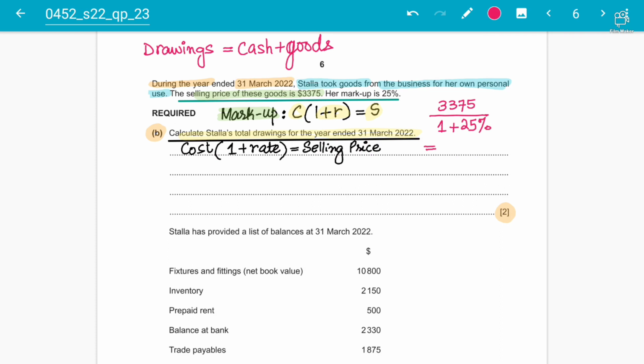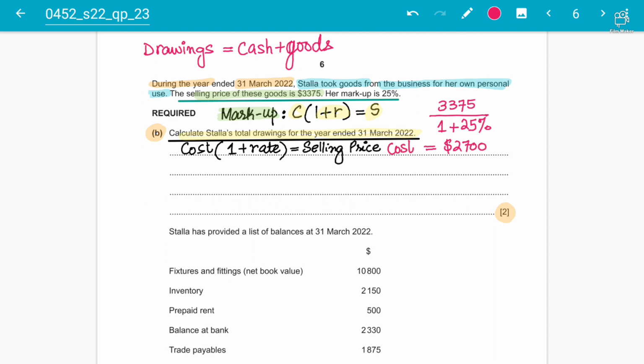If you learn maths, the bracket 1 plus R goes in the denominator. So you do 3375 divided by 1 plus 25%, and make sure you have the calculator. Your answer should be $2,700, which is the cost of the goods.